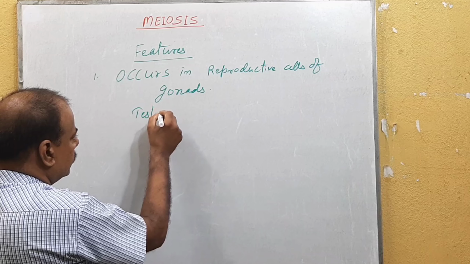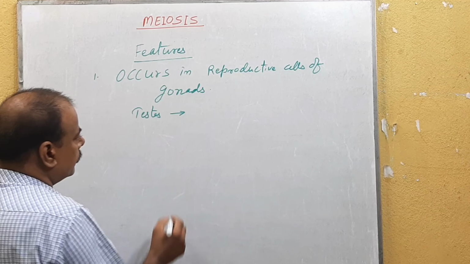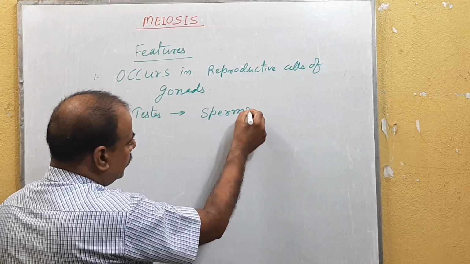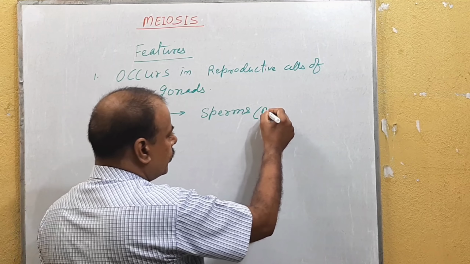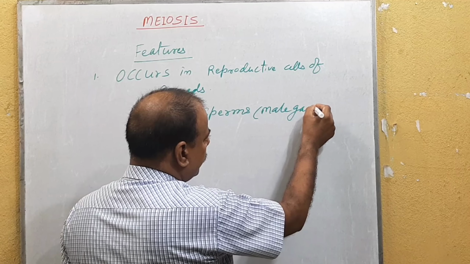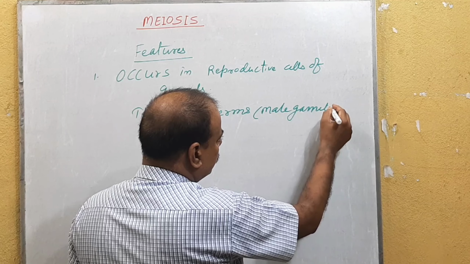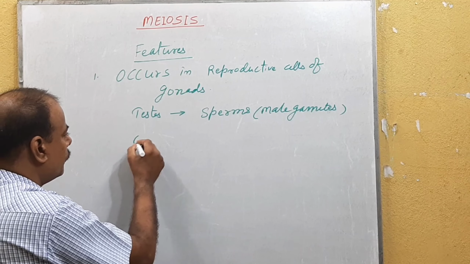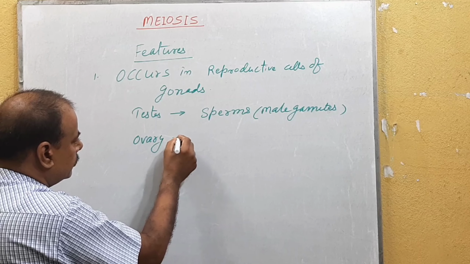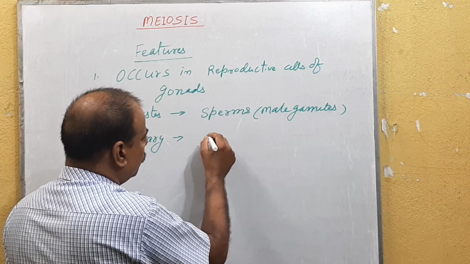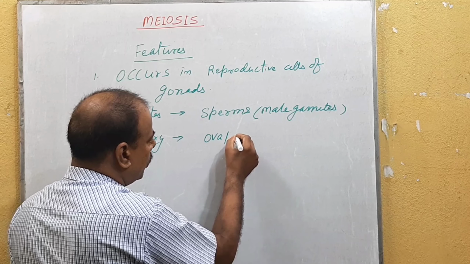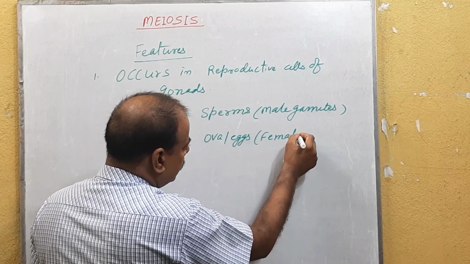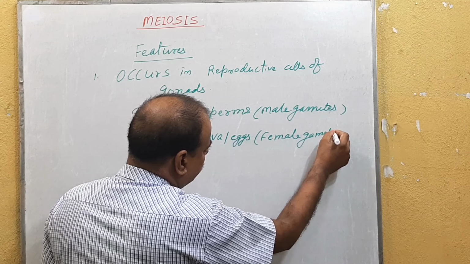In testes, sperms, which are also known as male gametes, form, whereas in ovary, ova or eggs, which are known as female gametes, form.